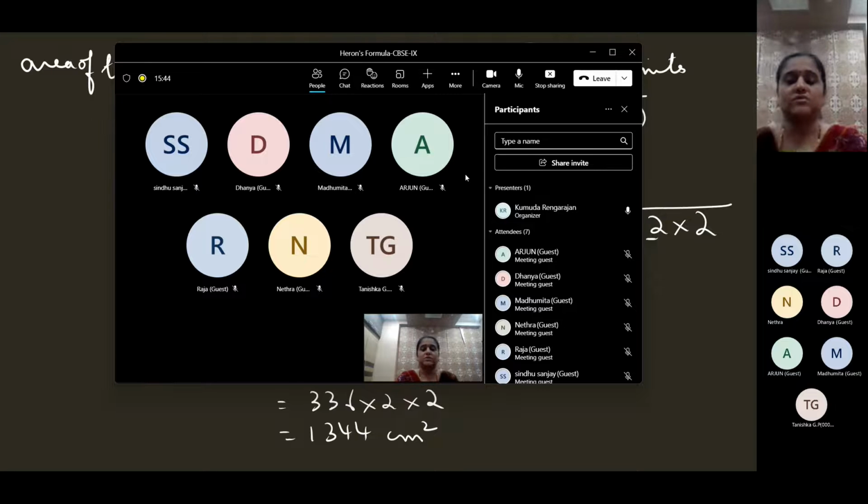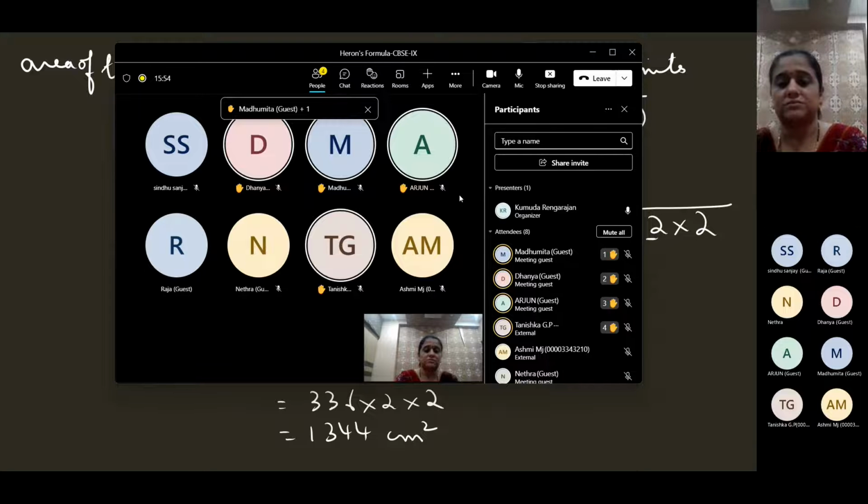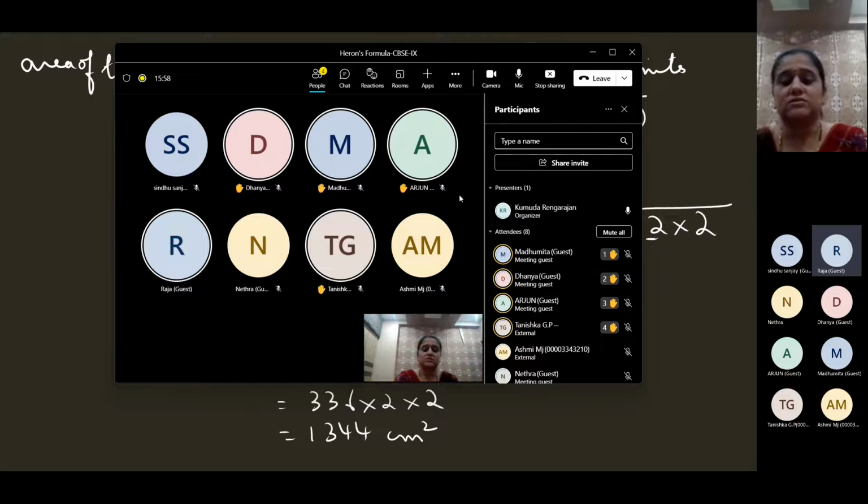How many of you have learned this chapter in school? Madhumita, Danya, and Arjun. Tanishka. Ma'am, they just started the chapter today only, ma'am. Okay.